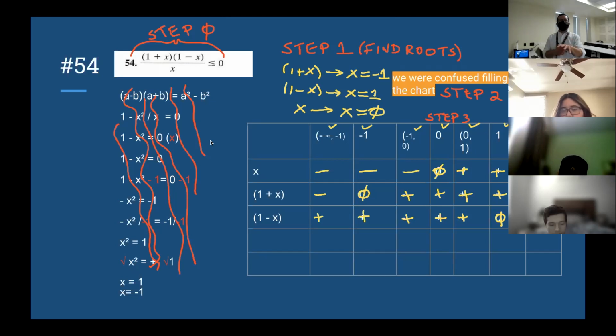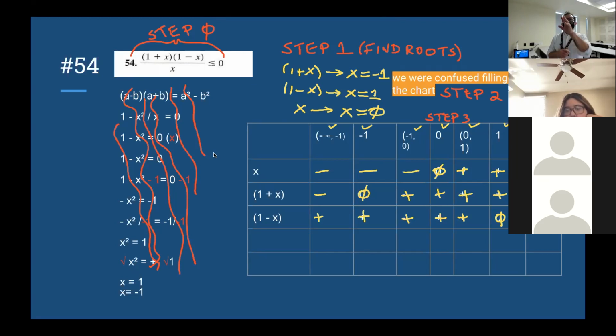Are we okay up to that point, Anna, and the rest of your house? Yes. Perfect. Now, step 4, and I think this is where you guys got stuck. Step 4 is evaluating the expressions.